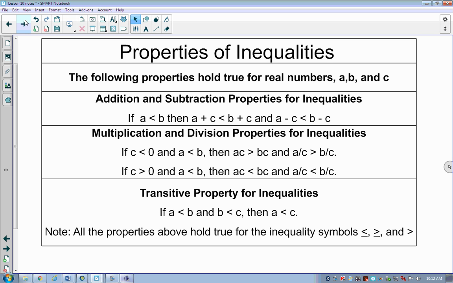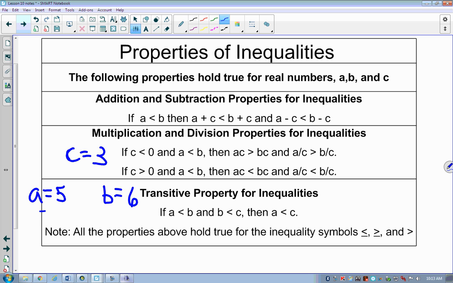Addition and subtraction: if A is less than B, then A plus C is going to be less than B plus C. Because it doesn't matter what C is. So if A equals 5, and B is 6, and C is 3, then 5 plus 3 is still going to be less than 6 plus 3, right? 8 is still less than 9.